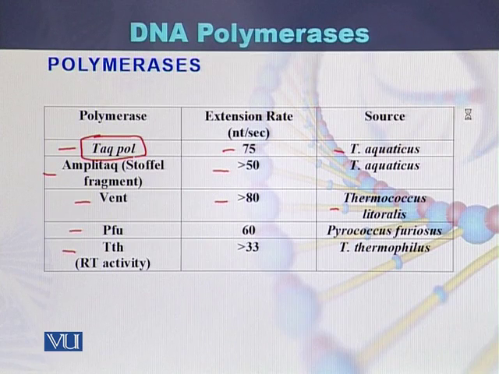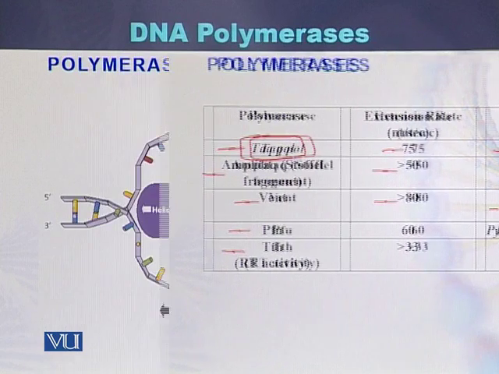So different DNA polymerases are combinedly used in case of long PCR, and in case of reverse transcriptase, mostly TTH, that is a polymerase purified from Thermus thermophilus, is used for the reverse transcriptase activity.